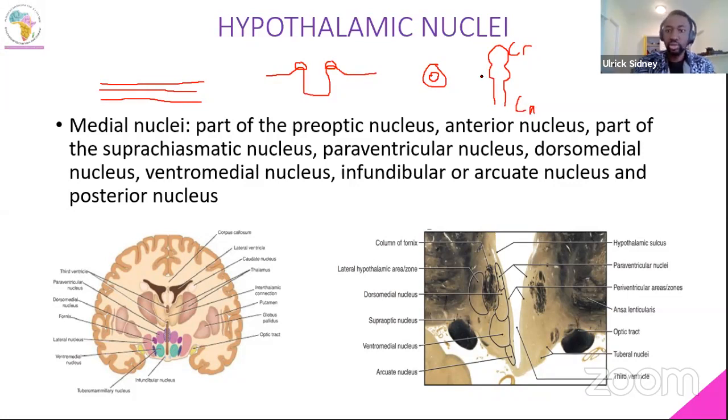So later on, this portion of the prosencephalon is going to do a flexion. Very important to understand. It's going to flex like so, which means the cranial portion finds itself here.